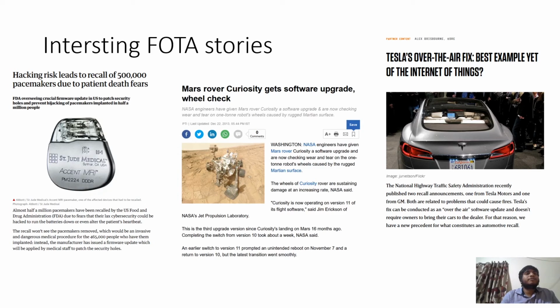Pacemakers are vital systems in our human body, and any small firmware change could cause potential harm. So it's important that somebody designed them so that firmware could be updated.